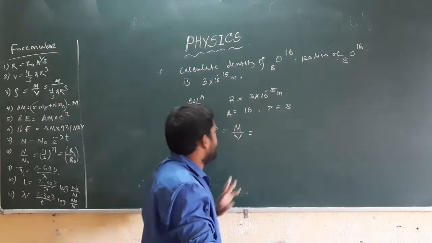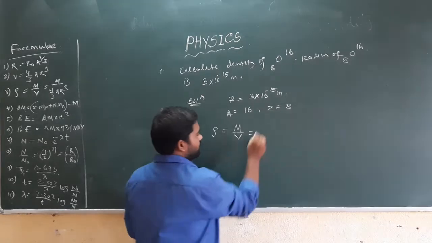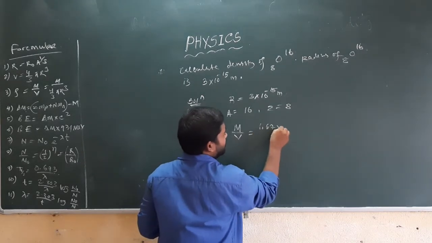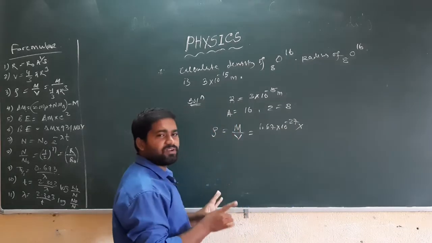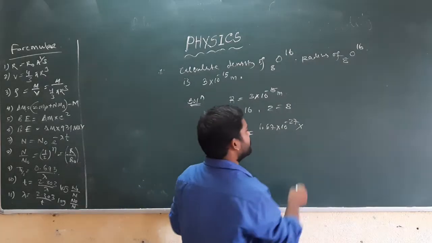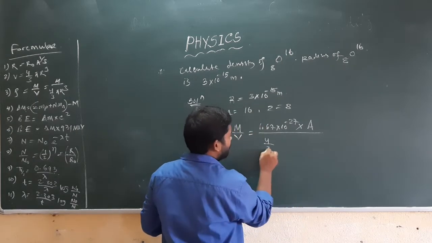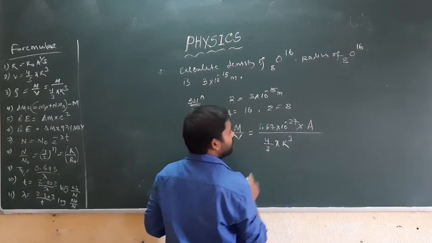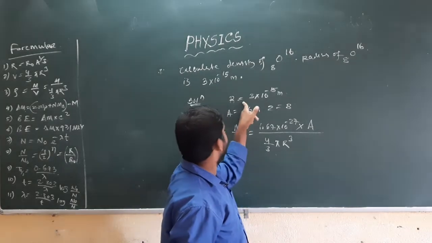We can take a proton or neutron, so that value is 1.67 into 10 to the minus 27 kg times the number of nucleons, that is the mass number, divided by the volume, 4 by 3 pi r cube. There is no need to change the value because the radius is given here.